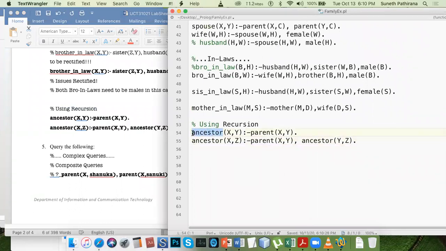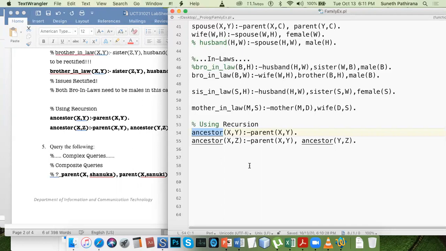Ancestor in Sinhala is called the Mutunmitta. That can be our father, grandfather, great-grandfather, anyone who is above, who is superior in our family tree.